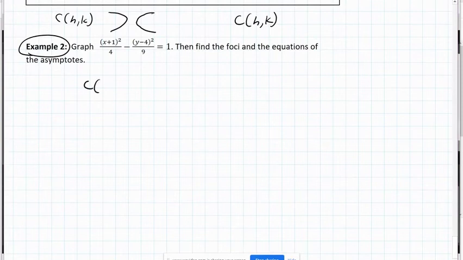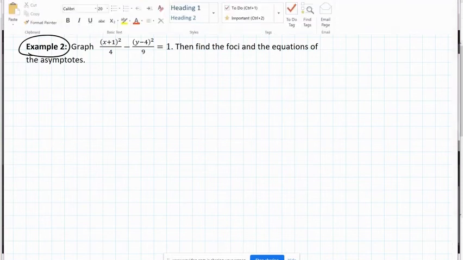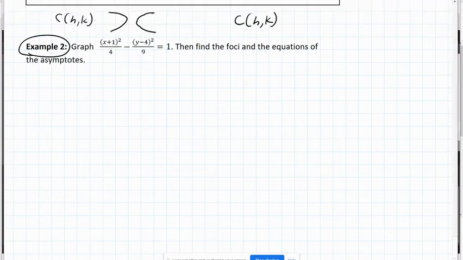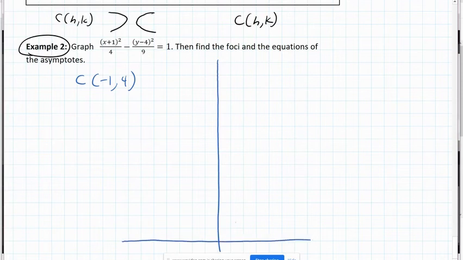So our center for this one is at -1, 4. So we'll start with that, -1, 4.